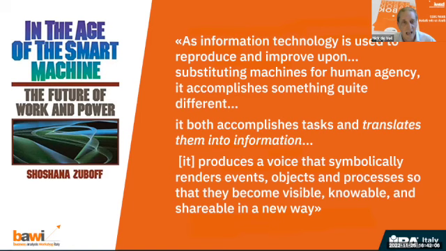And she said, as information is used to reproduce and improve upon substituting machines for human agency, it accomplishes something quite different. It both accomplishes tasks and translates them into information. It produces a voice that symbolically renders events, objects, and processes so that they become visible, knowable, and shareable in a new way.